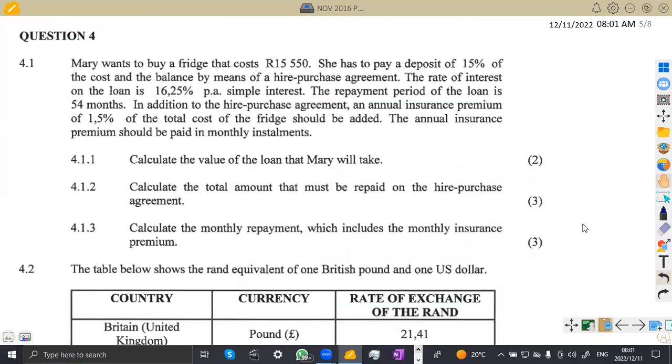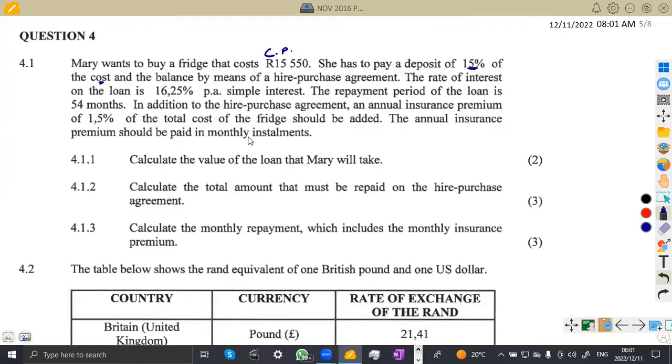That is the cash price. She has to pay a deposit of 15% of the cost price, and the balance by means of a hire purchase agreement. So after paying the deposit, there's a balance that is going to be needed.